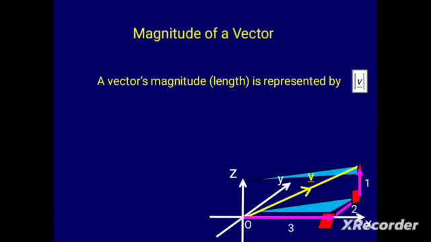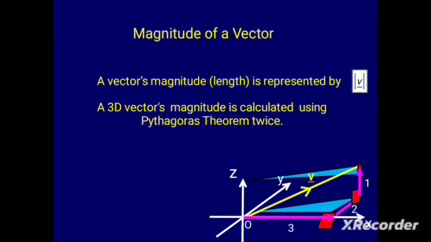Now let's look at the magnitude of a vector. A vector's magnitude, that is its length, is represented by the magnitude, modulus, length, or distance of vector v. All those words mean the same thing. Now we have the diagram here below.